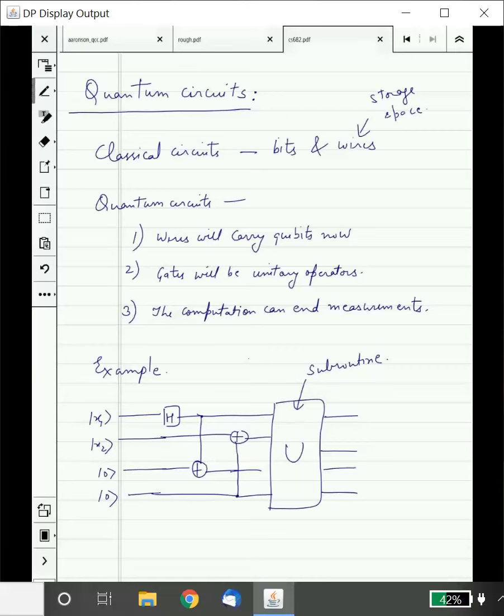We will be interested in how fast we can apply this unitary, what kind of gates are there, but this can be given separately. This is how a general circuit will look like. It will finish by a measurement. Let's say in this case, we only measure the first two qubits, and this will be our classical answer. This is a simple quantum circuit.